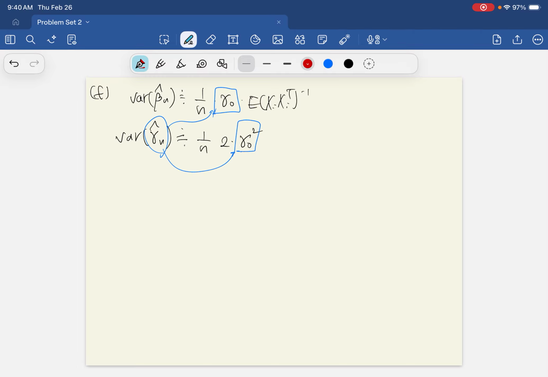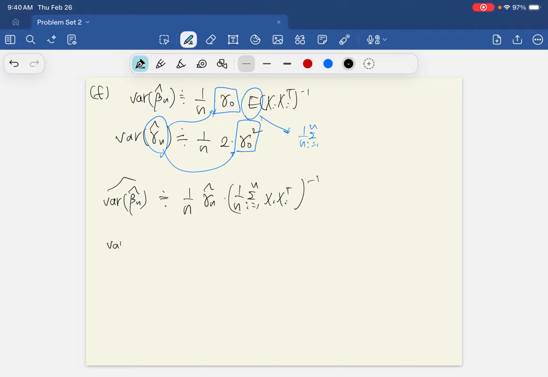And also we have to replace the expectation with the sample average. That's all, right? So our estimated variance for the estimator of beta is this. Okay, and the estimator for the variance of the variance estimator is this. Right, so this is it.